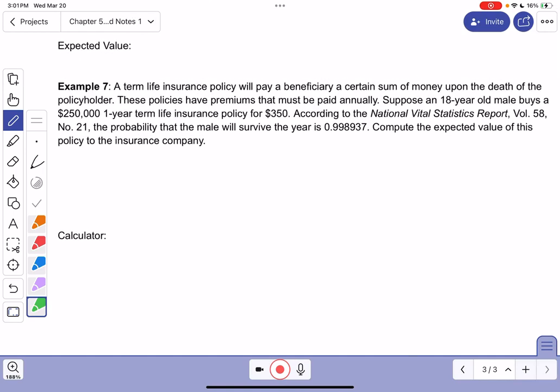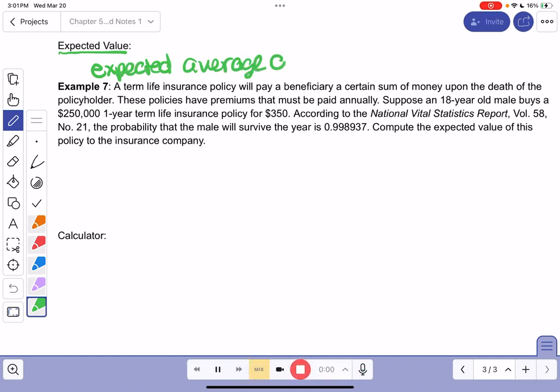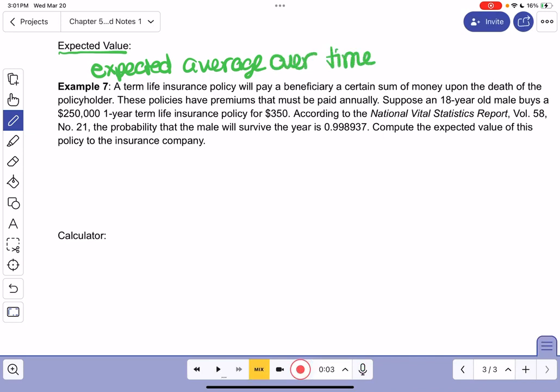Another vocab word for the mean is expected value. So what this really is, it's the expected average over time. If I were playing a game, the expected value would be what I would expect to win on average over time. So maybe the prizes are like $5, $10, and you can lose up to $20.